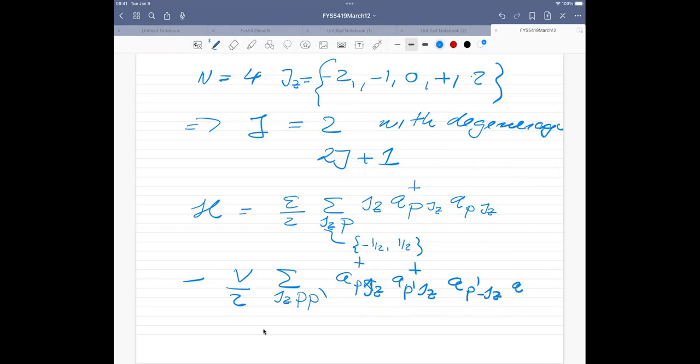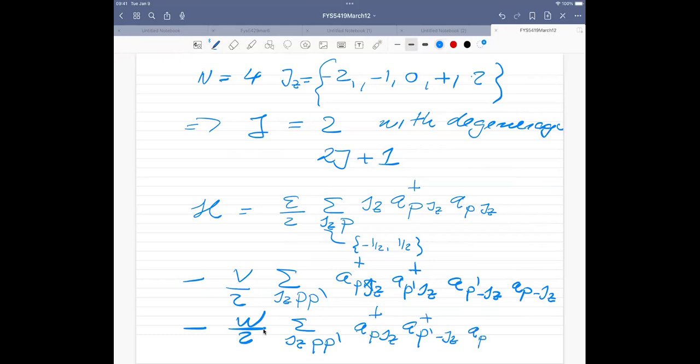And this has an A_P. And this has a minus JC. So plus minus JC. So what this one is doing, this term, so let me, by the way, write the final one. And this has a sum over JC of P prime. And then I have an A_P of JC, an A_P prime minus JC.